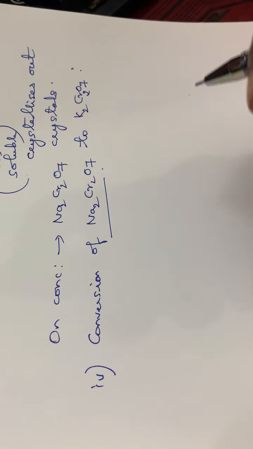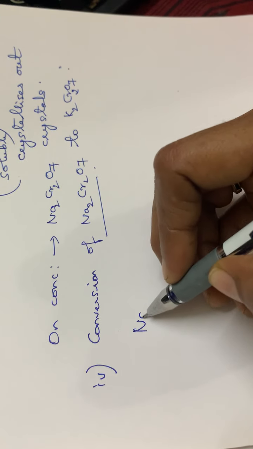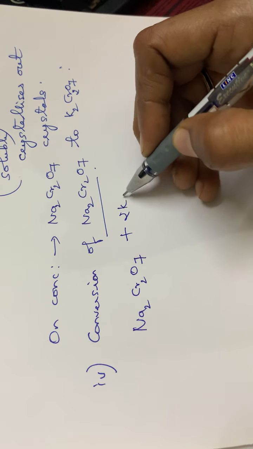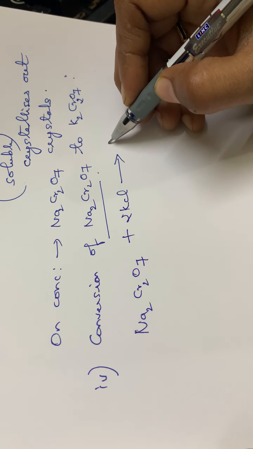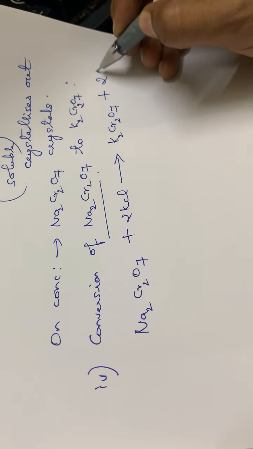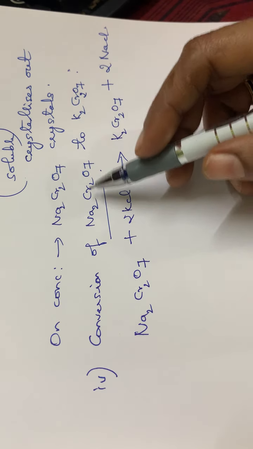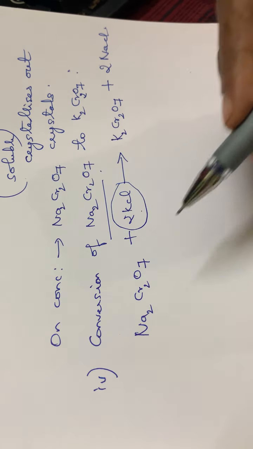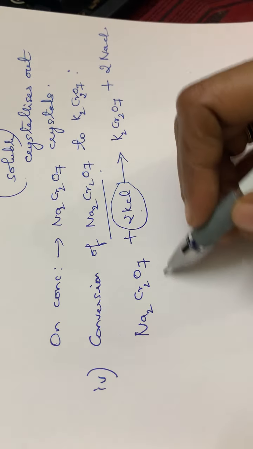For this conversion, sodium dichromate, Na2Cr2O7, plus 2KCl, reacts with potassium chloride to form K2Cr2O7 plus 2NaCl. So this is the last step, and for that we are adding potassium chloride. It is a simple reaction.